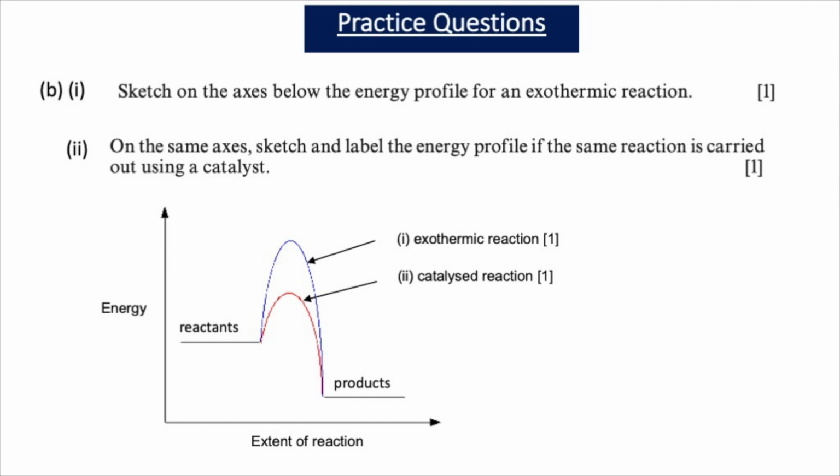So when sketching the energy profile, you just have to make sure that the profile starts in the same place and ends in the same place for both the catalyzed and uncatalyzed reaction, but you have to make sure that the catalyzed reaction has a lower activation energy. So you get 1 mark here for each correctly drawn energy profile.